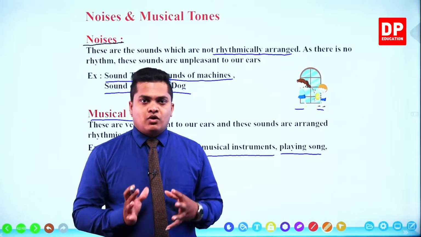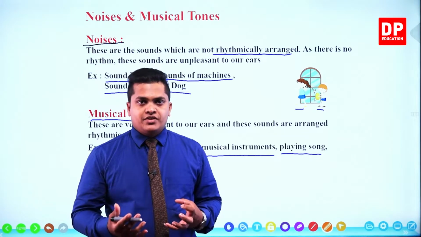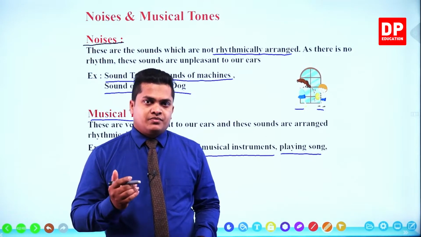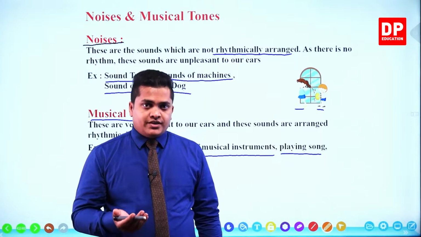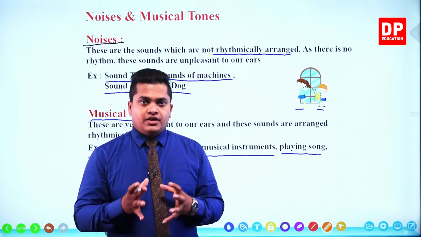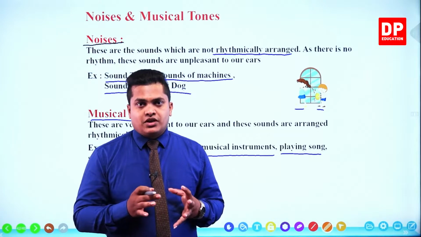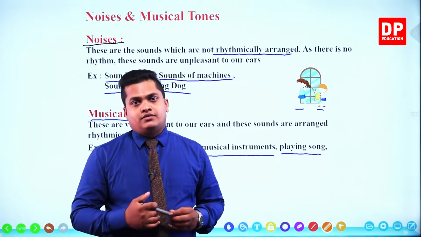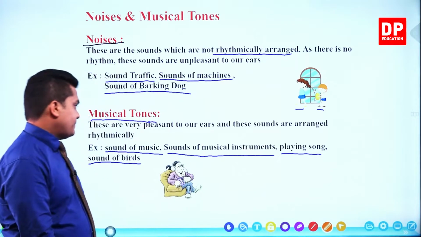So the sound of birds can be considered as a sound emitted rhythmically, or a musical tone. It is music. These are naturally arranged musical notes, natural notes, right?